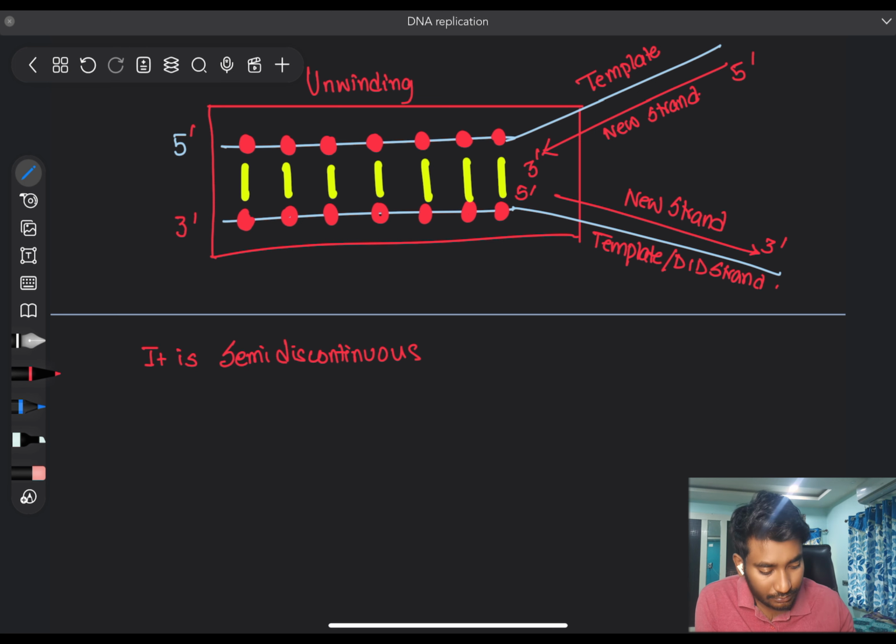Okay, now why is it called semi discontinuous? Because 50% of the total DNA is of new strand and 50% is of the parent strand.